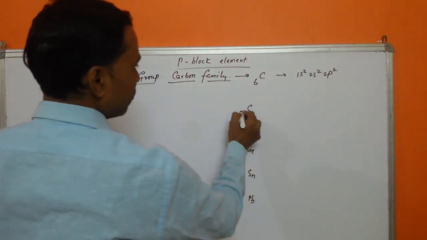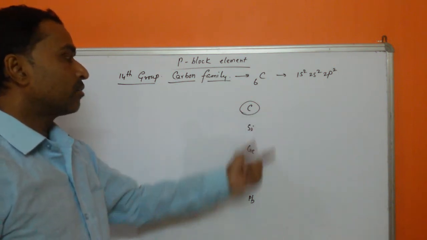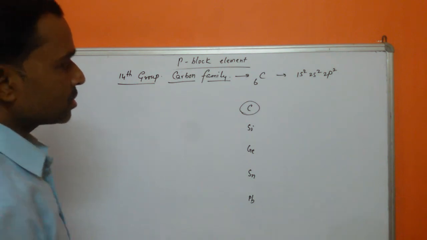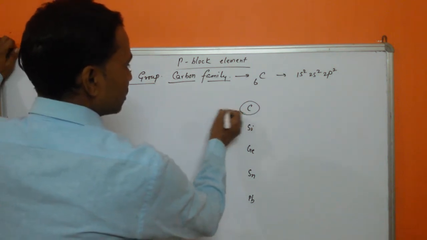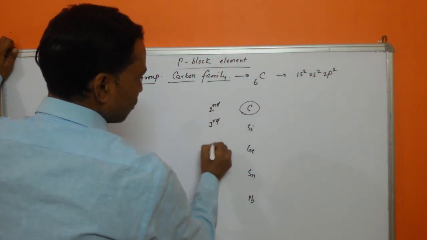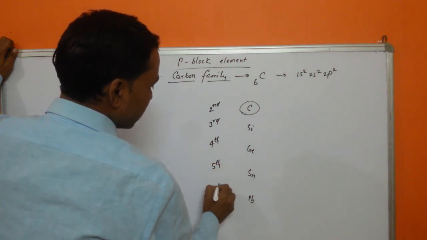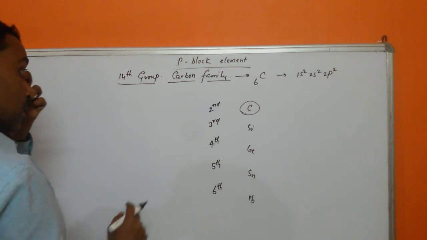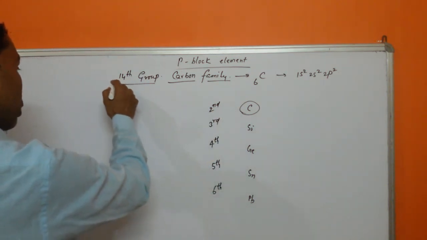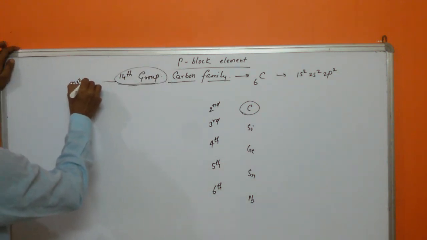First of all we have to study carbon. What is carbon and in which form is it found? If we talk about the electronic configuration of all these elements, this is the second period, third, fourth, fifth, sixth period. The electronic configuration of the 14th group is ns2 np2.